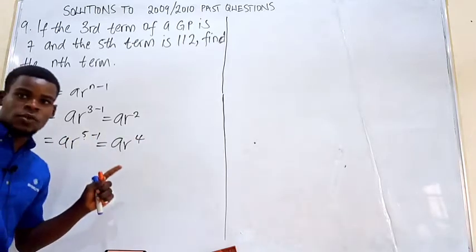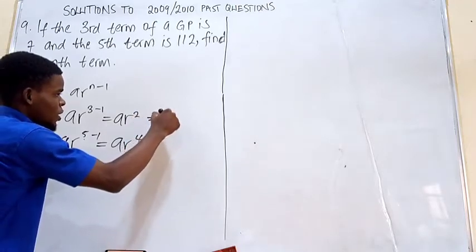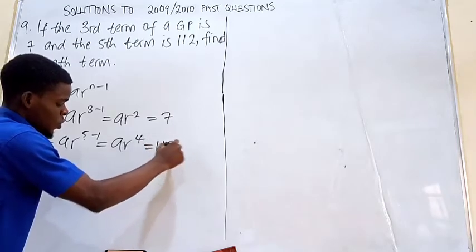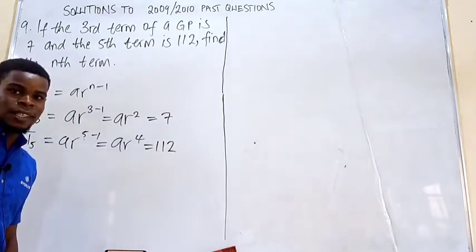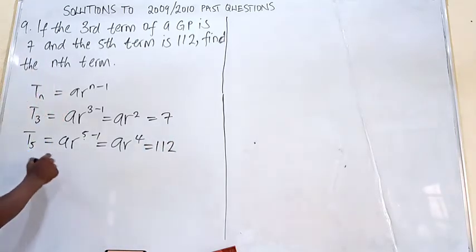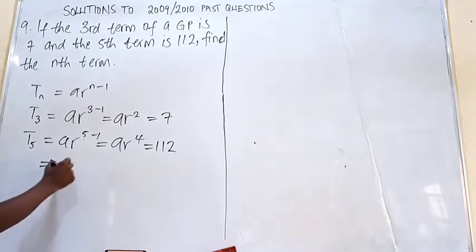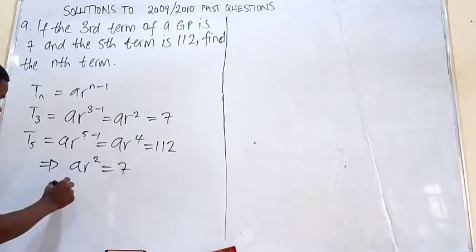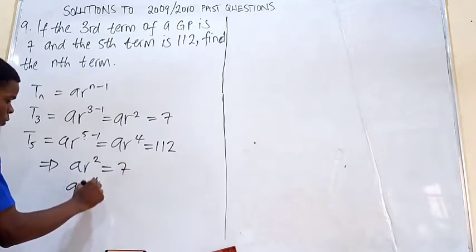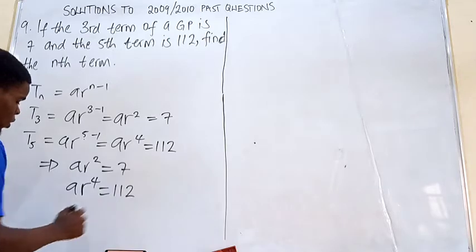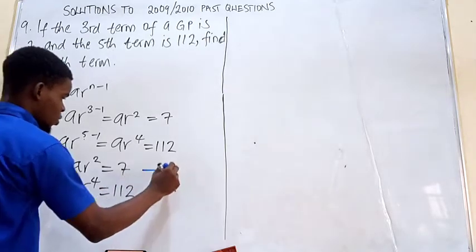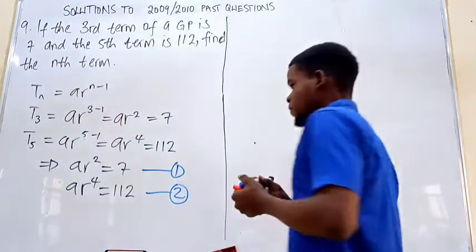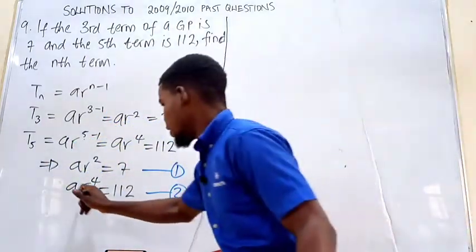The third term is equal to 7, so we equate this to 7. And the fifth term is equal to 112, so we equate that to 112. This simply means that ar^2 is equal to 7 and ar^4 is equal to 112. We can call these our equation 1 and 2.